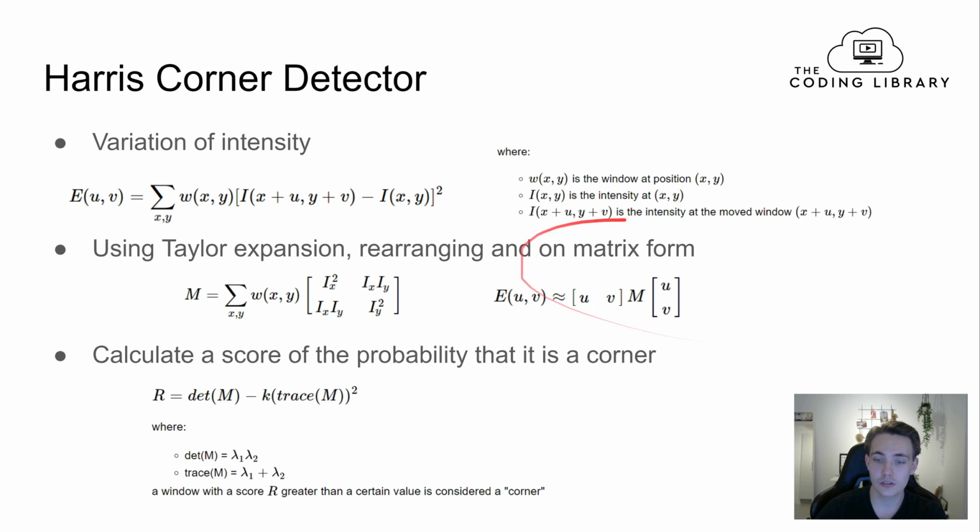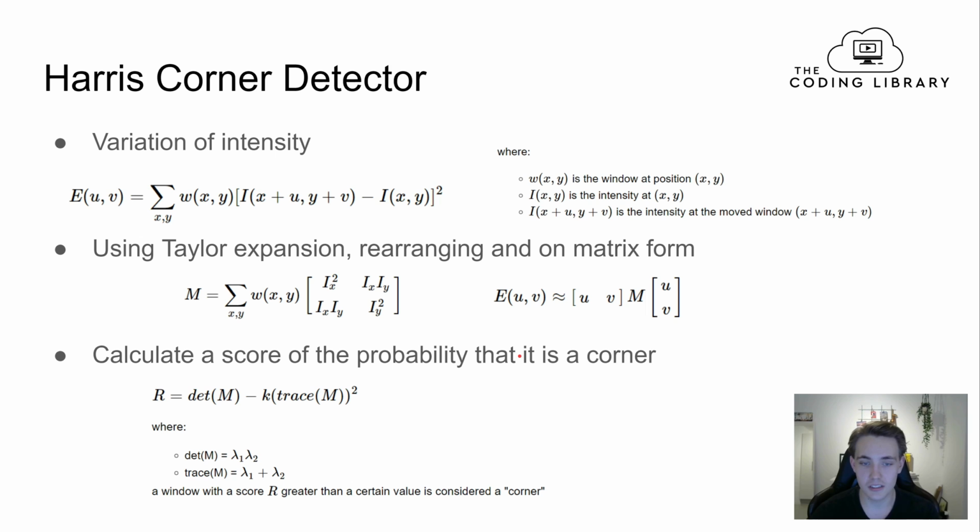And then over here to the right is when we're trying to estimate this variation of intensity. Then we have this u v vector here, and then we have this M here, which is the sum of the matrices over here, and then we have the u v again as a vector, and this is actually the variation of intensity that we're going to apply to find our corner detection by using this Harris method.